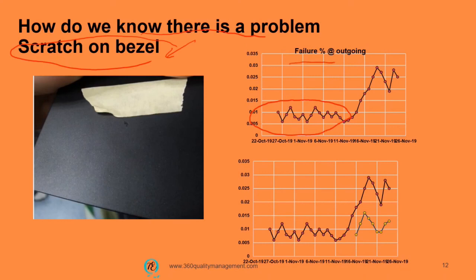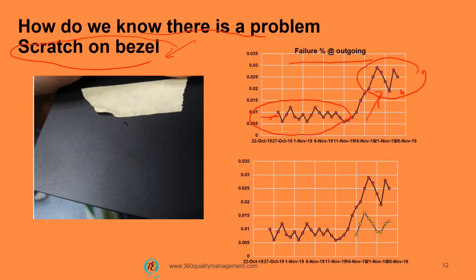It was found that in the outgoing, suddenly the reject rate gets high. This is a problem. The norm should be this, and this is deviated from the norm. And what happened is that we traced back to the incoming inspection, because at this junction, the supplier does not agree that it's their problem and still stated that it is the line handling problem.